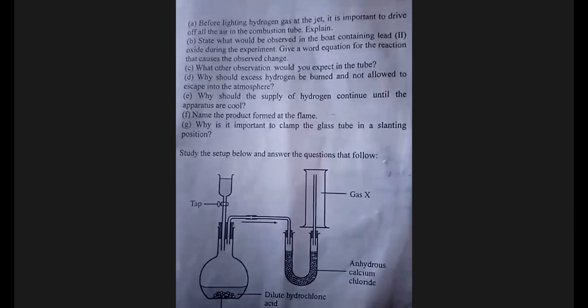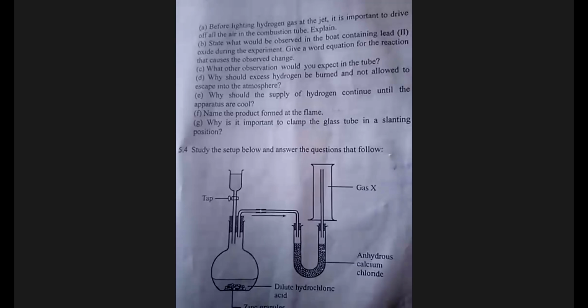Before lighting hydrogen gas at the jet, it is important to drive off all the air in the combustion tube. Explain. Who can explain for us?